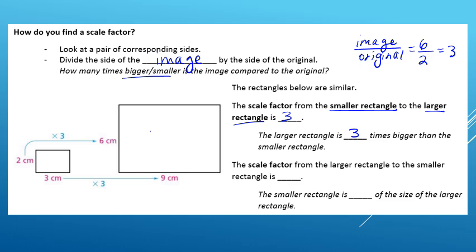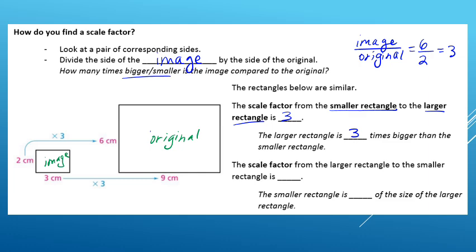Now we're going to kind of practice going the other way. And so now you're going to think about going from the larger rectangle. So now the larger rectangle is the original to the smaller rectangle, which is going to become the image. So I have to think really carefully about what's happening here.